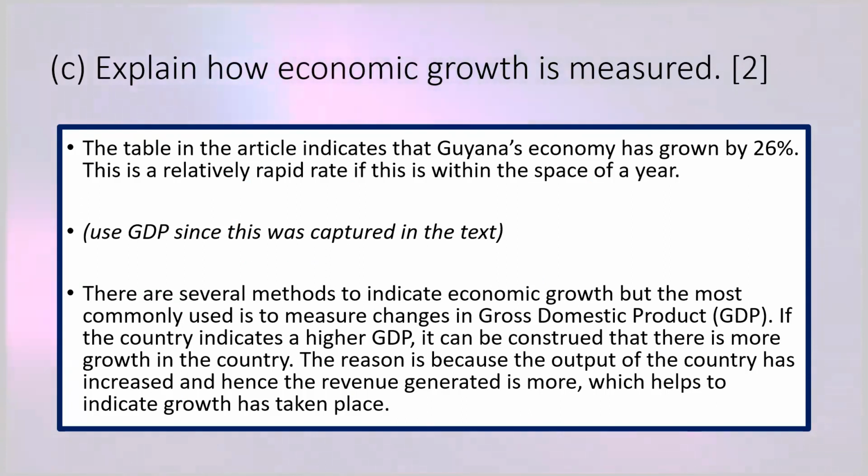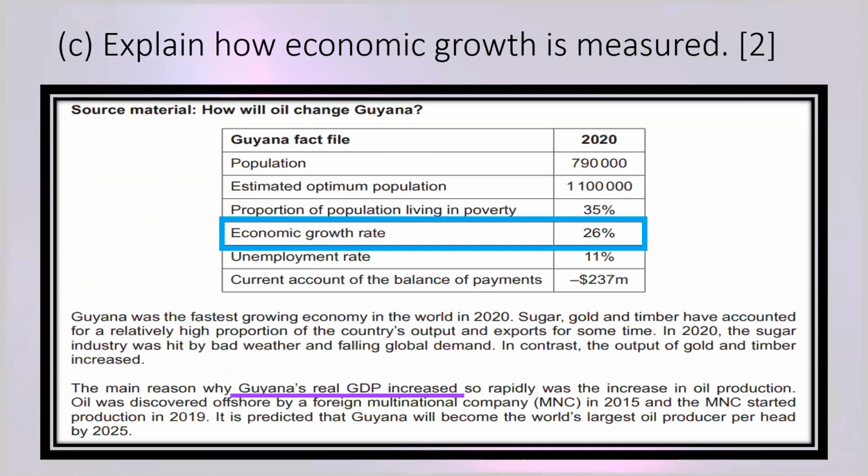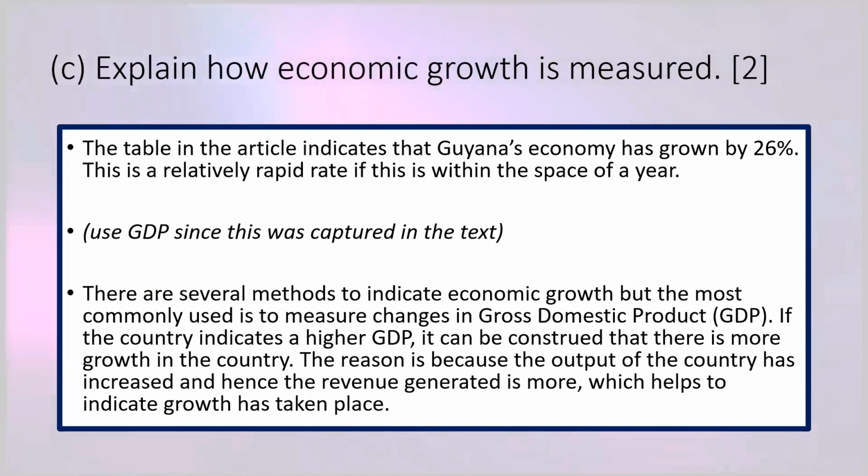Okay. And there are different ways in which you can measure economic growth. But since they spoke about GDP here, the one I highlighted in purple, you can actually focus your answer on this. Tell the examiner there are several methods to measure economic growth, but the most common method is to use GDP. Okay. Now, what you understand from here is that if the country indicates a higher GDP, and remember, what is gross domestic product?